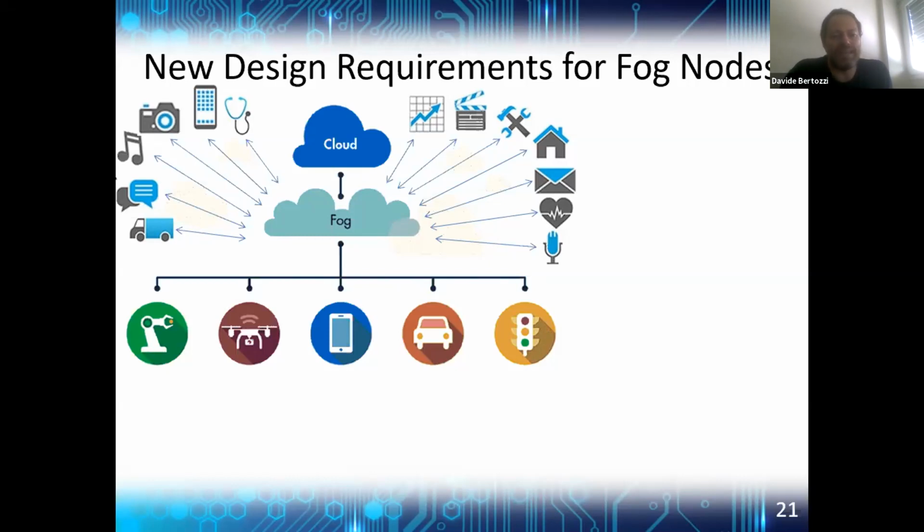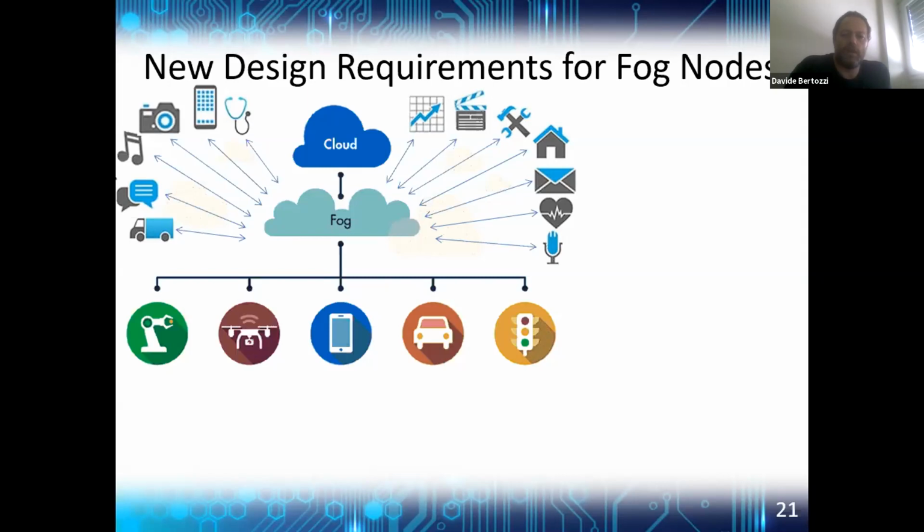So if you think about your fog computing node, that is a computing node with relevant processing and storage capacity, and that lies halfway between IoT devices, low-end IoT devices, and the cloud. Because of elastic computing, we have an efficient way to share it among multiple IoT services.